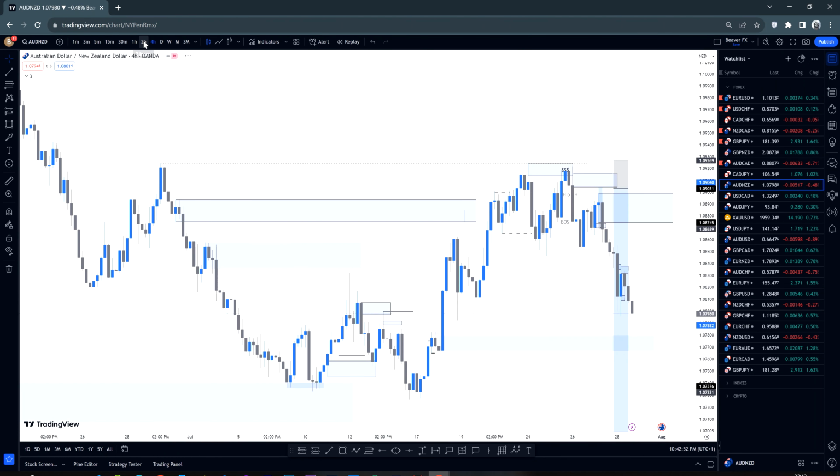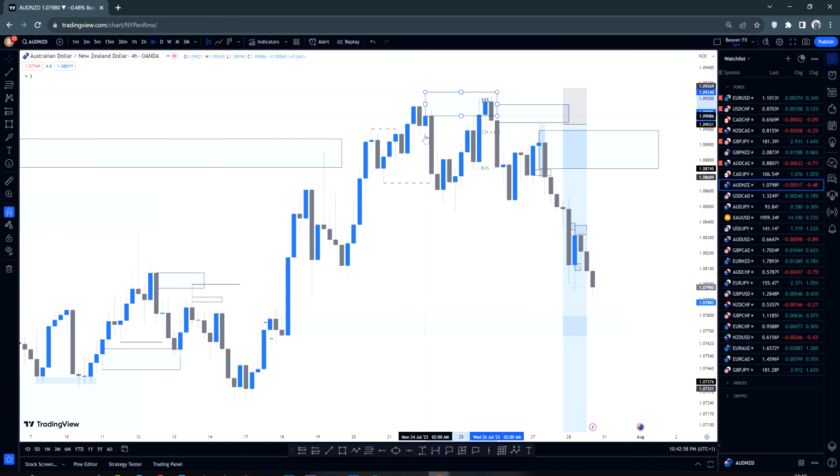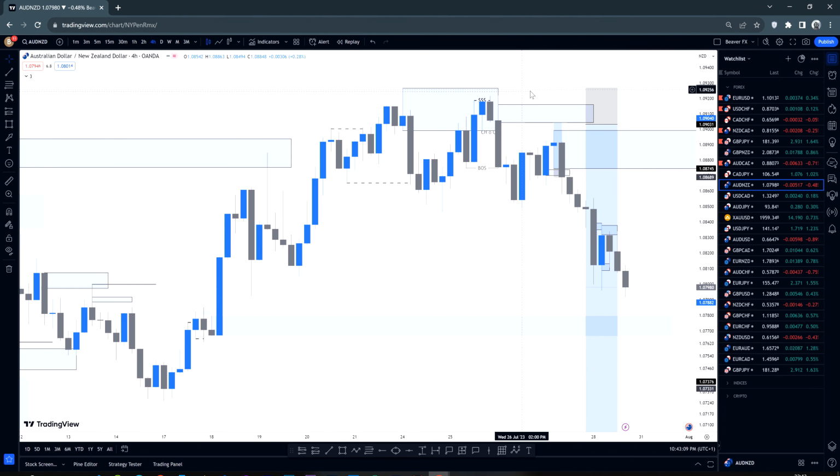So let me check this out again. Okay, we only have a week up there. Usually this is our main order block when it comes to the 4-hour time frame. We had a gap here, so we had this block, so it came into this zone before pushing more to the downside, and this was the initial high that I marked here.